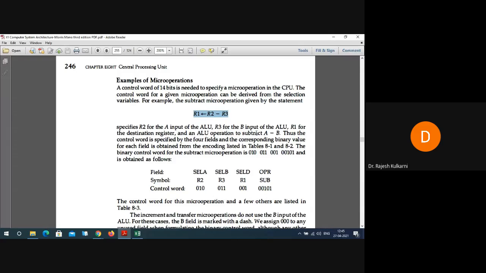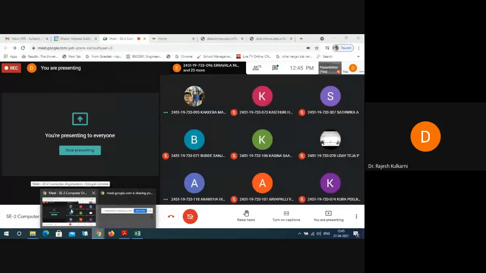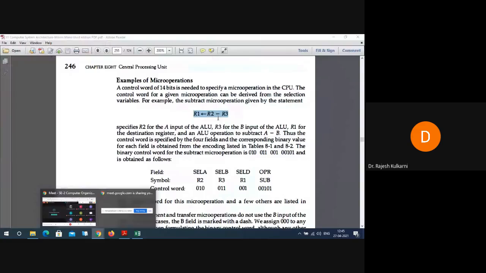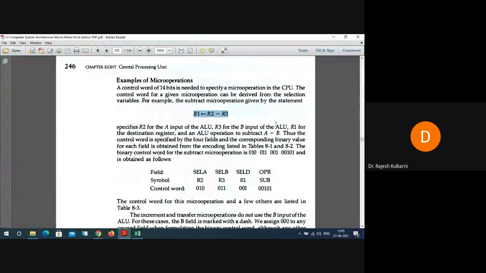What is happening here? Again, there is a pause. Who will tell me? Uday Teja or Saket, will you tell me what is the meaning of this?